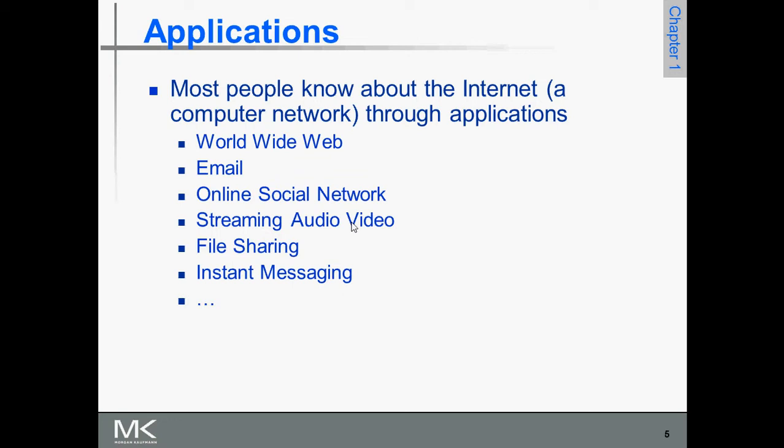Streaming audio and video transfers the data continuously to your computer, and you play the video. It is just a one-way communication. But in real world audio and video, it is a two-way communication where two people simultaneously use the internet in both directions.